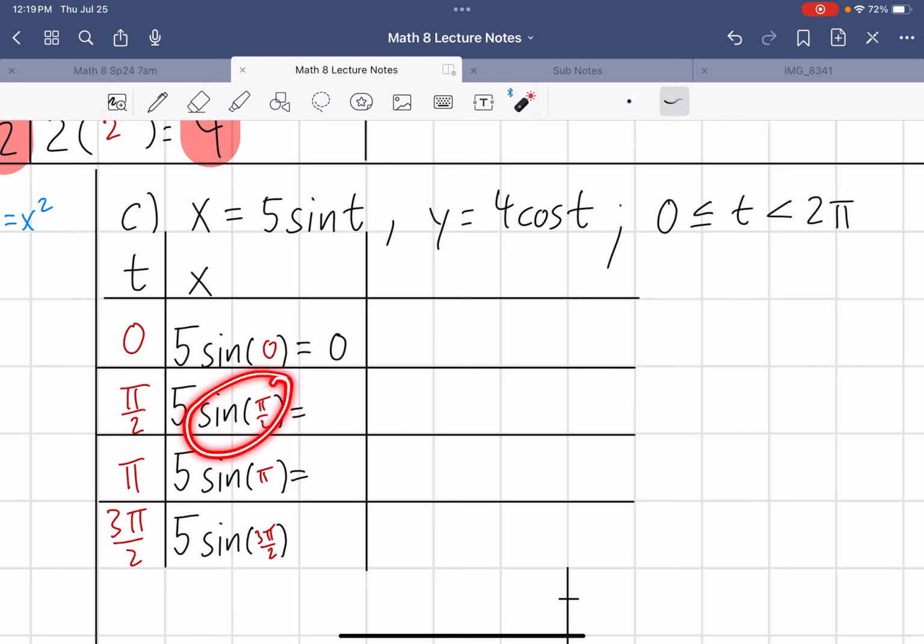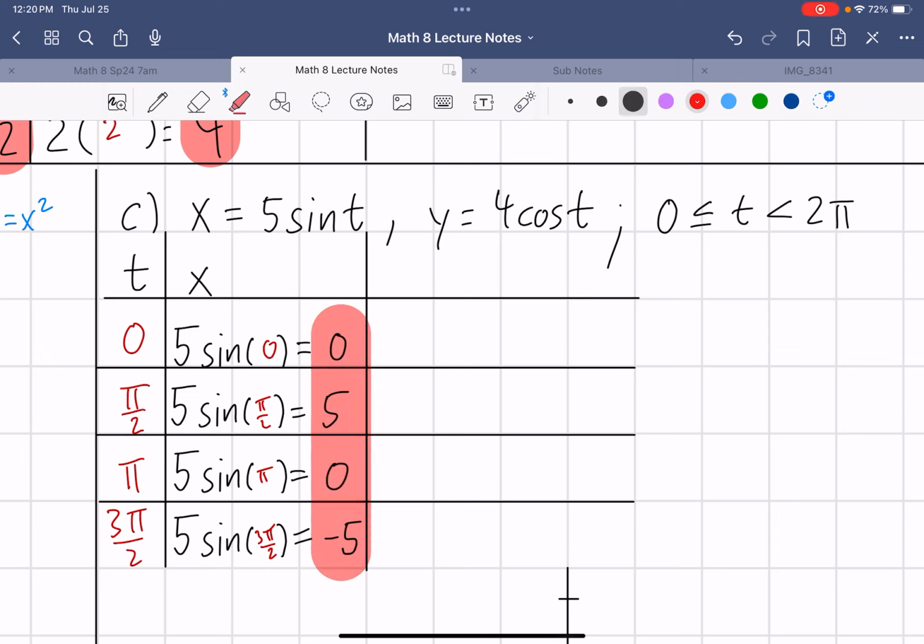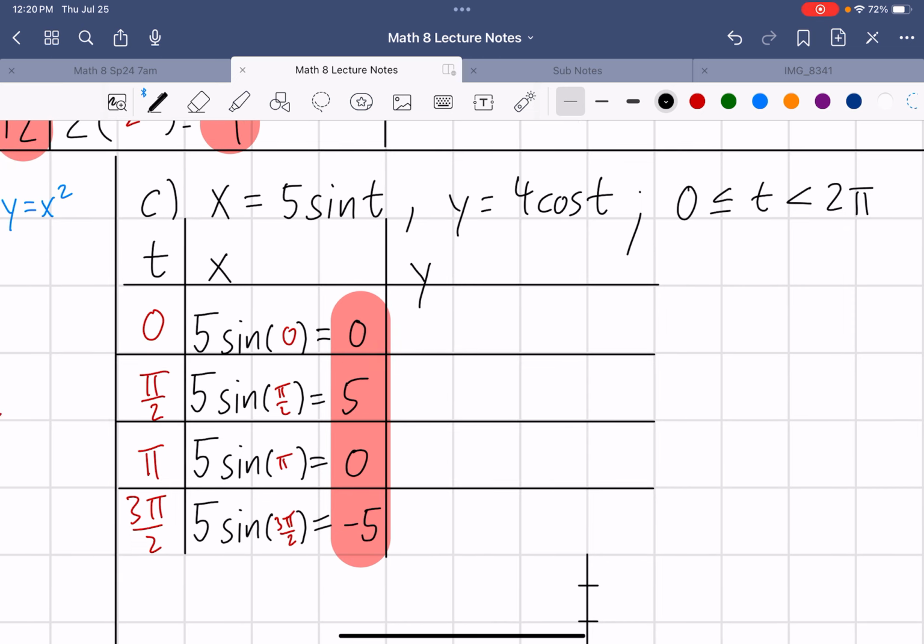Sine of pi is 0, not negative 1, times 5 is 0. Sine of 3 pi over 2 is negative 1 times 5 is negative 5. So make sure you're not trying to just speed through these. Sometimes we mix them up, so be careful.